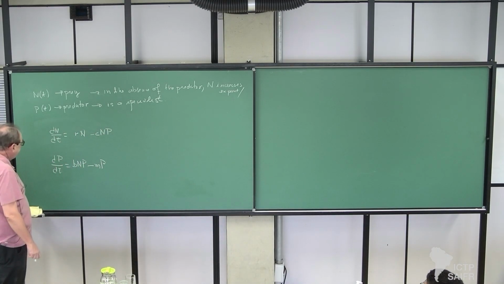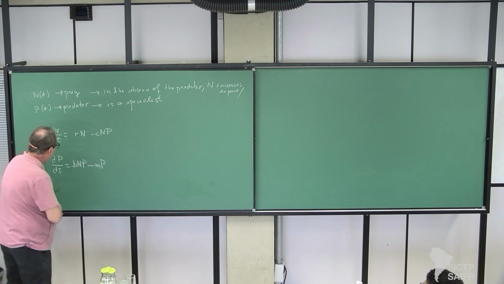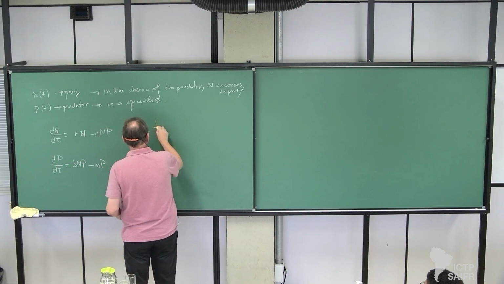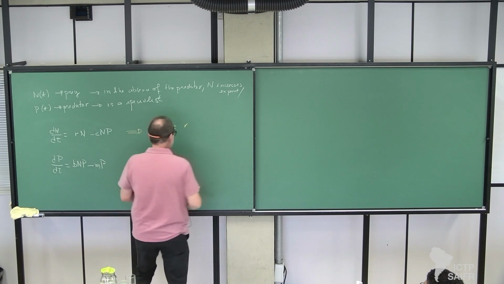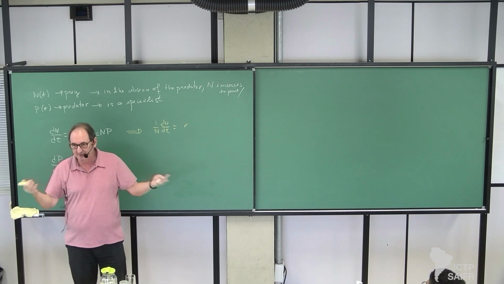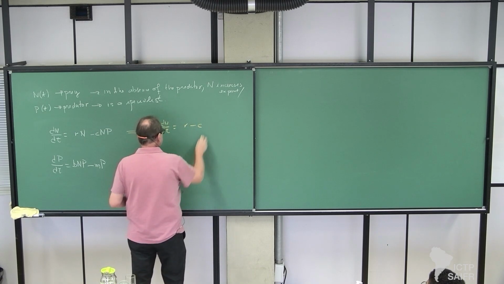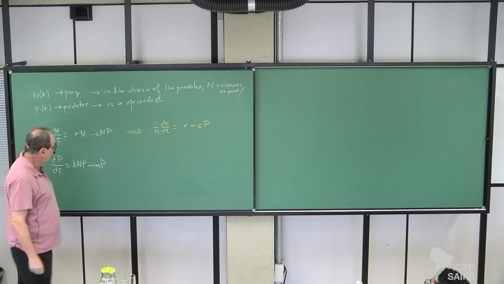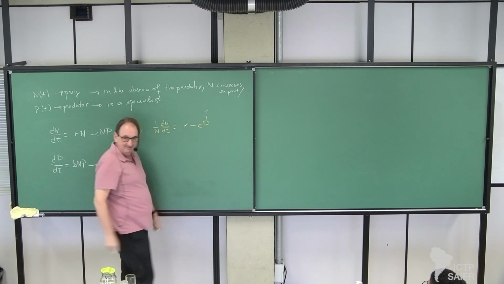Let's still take a look at this, guys. I can also write this in the following way: 1 over N dN/dt is r, which is the intrinsic growth rate without population regulation, like Malthus, minus some c times P. Now we can think in the following way: think we have only one predator here.